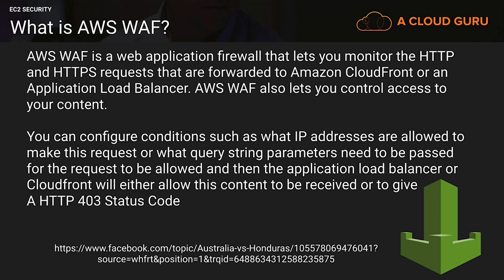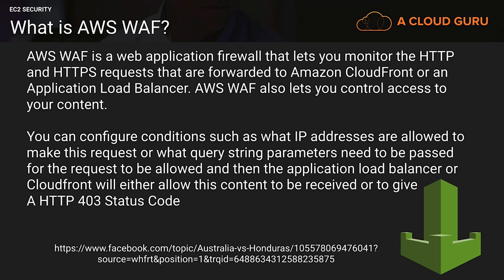Everything to the right of the question mark are variables. So right now it's saying source is equal to, and then whatever variable that stands for. I have no idea what WHFRT actually is, but that is the variable that's being passed back through the browser. We've then got position equals 1 and TRQID, don't know what that is, but it equals this number here, etc. So we use query string parameters to pass information through web requests.